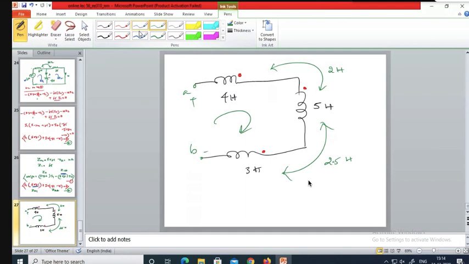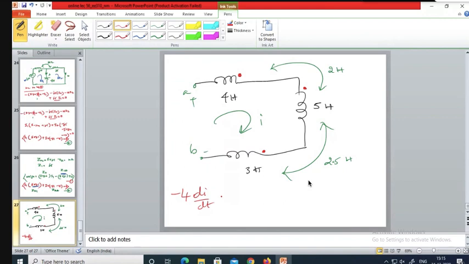The voltage across this inductance is L into di by dt. Let the current be I. So minus 4 into di by dt. Now there is a mutual inductance, so the EMF induced will oppose the self-induced EMF in this coil.